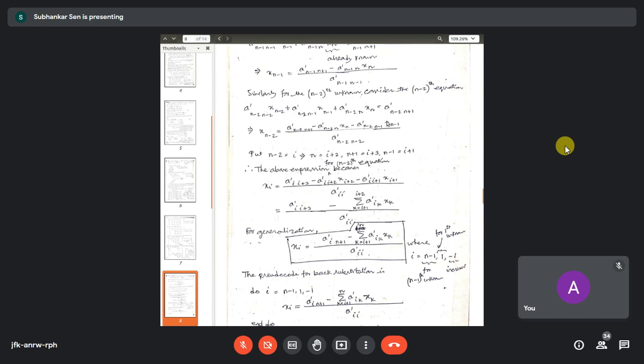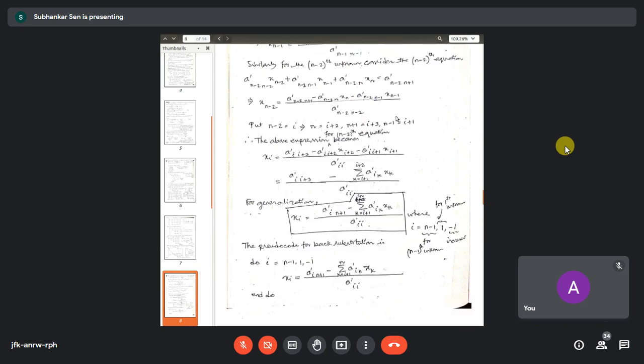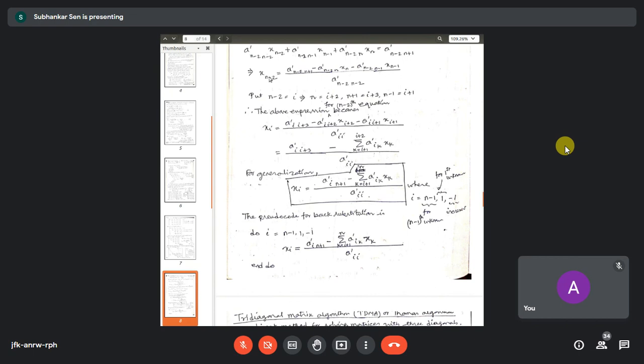If you put them here, you get a compact form. So n-2 means i, so this is xi, and the diagonal term is a dash ii. n+1 is i+3, this term, and n is i+2. Like that, we have these terms.